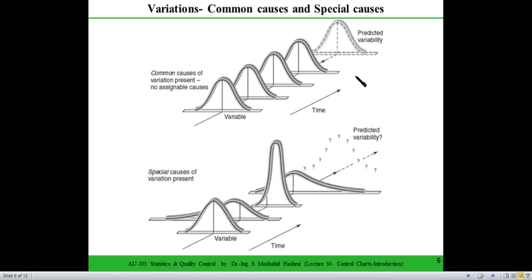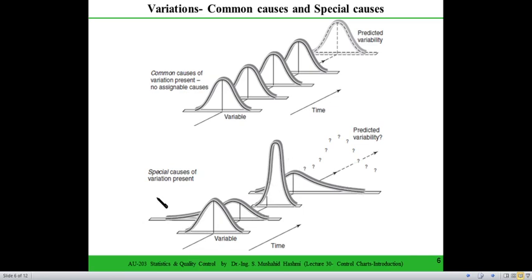In contrast, you may see special causes, where the process is changing drastically in terms of dispersion, in terms of how far it is from the mean value. So the shape of the distribution differs. For example, here is a very small variance, and here you can see a large variance, or here you can see asymmetry.